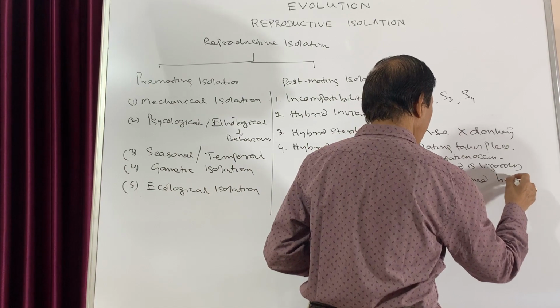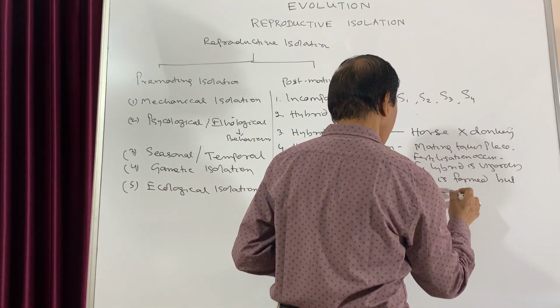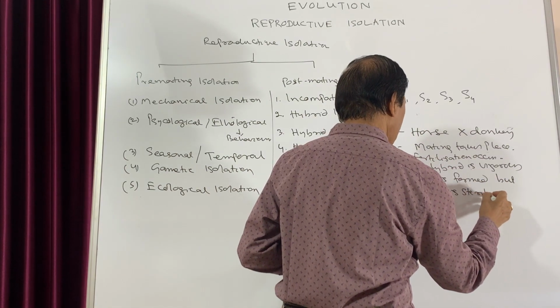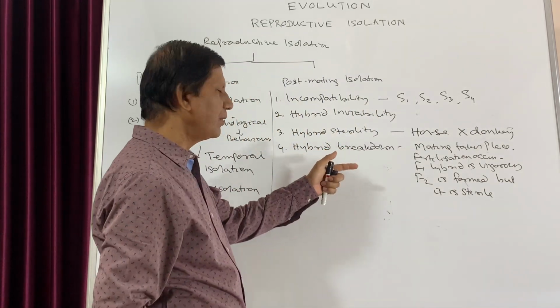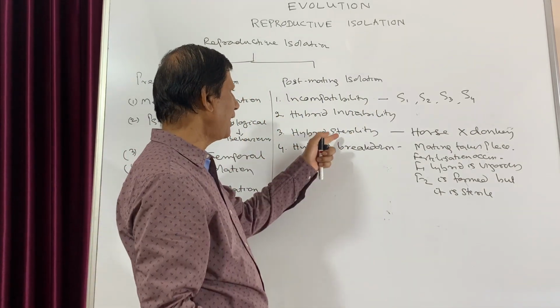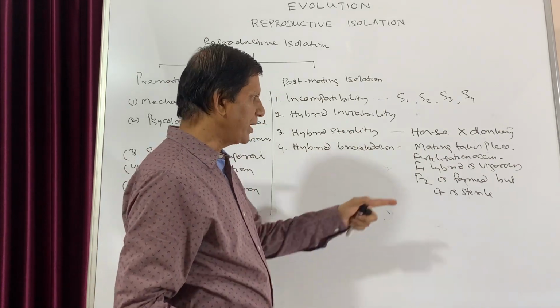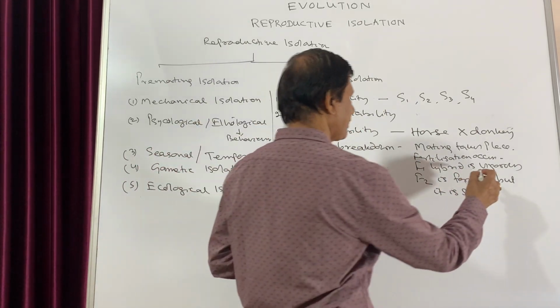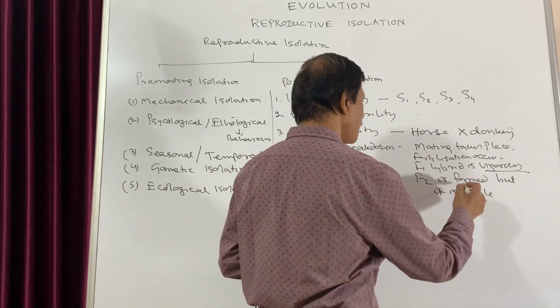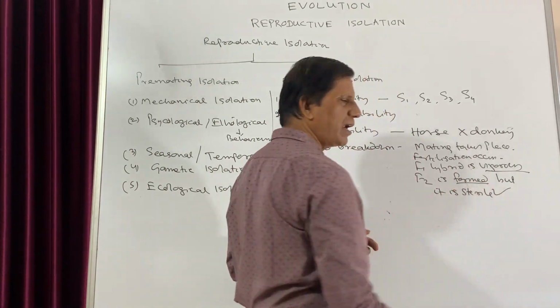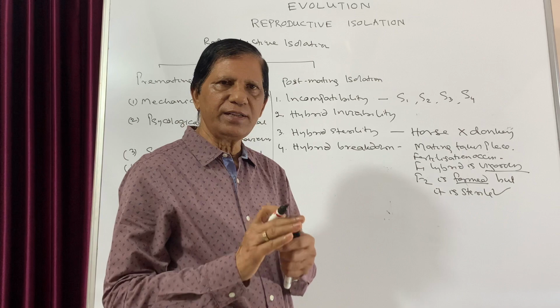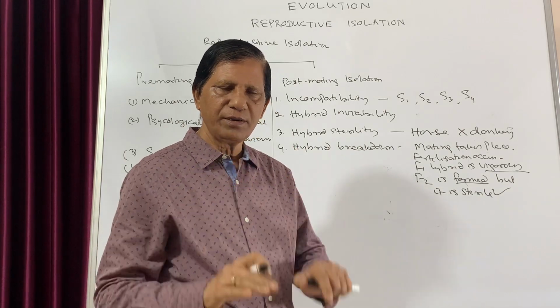That means hybrid breakdown is one step ahead of hybrid sterility. In hybrid sterility the F1 hybrid itself is sterile, but here the F1 hybrid is quite vigorous. The F2 is formed, but it is sterile. That means the hybrids are formed, but it breaks down.